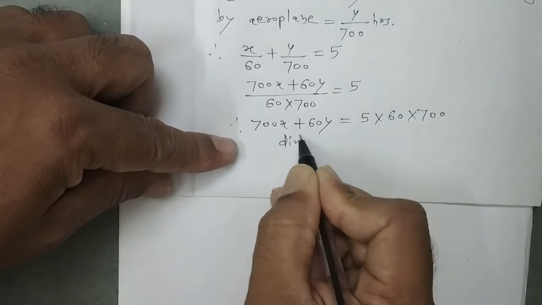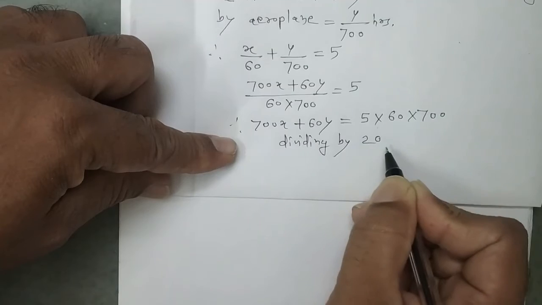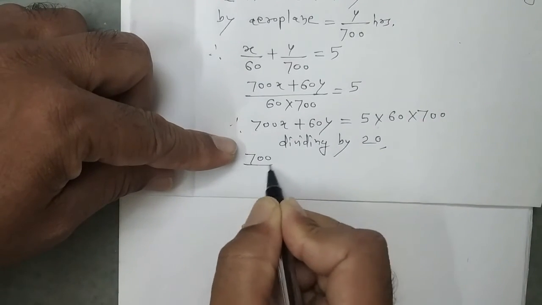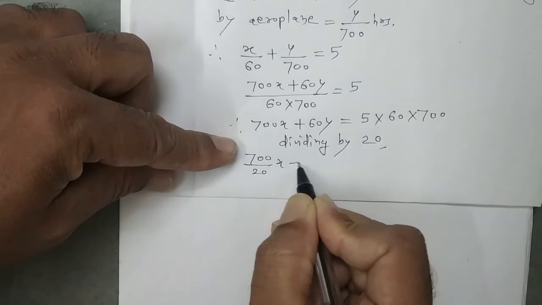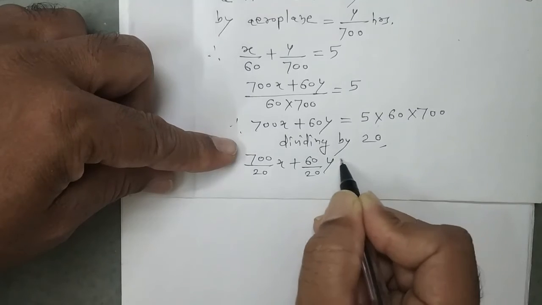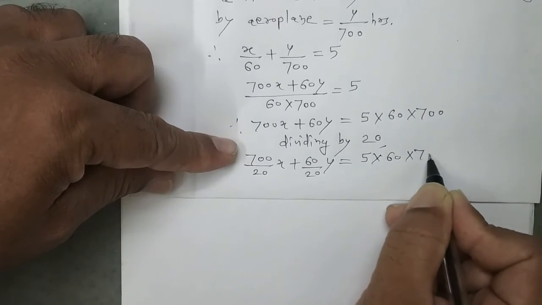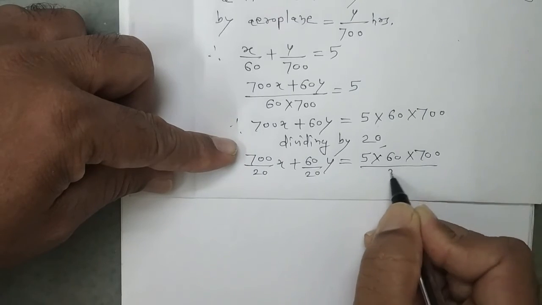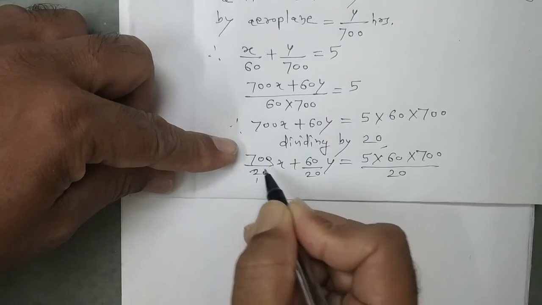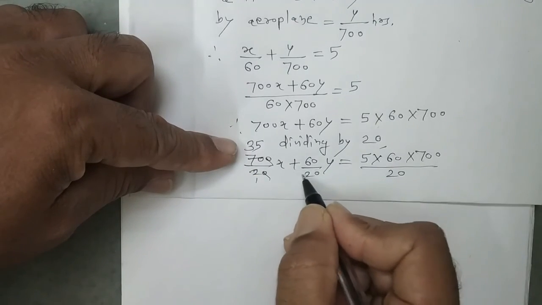Therefore dividing by 20: 700 divided by 20 x plus 60 divided by 20 y is equal to 5 into 60 into 700 divided by 20.